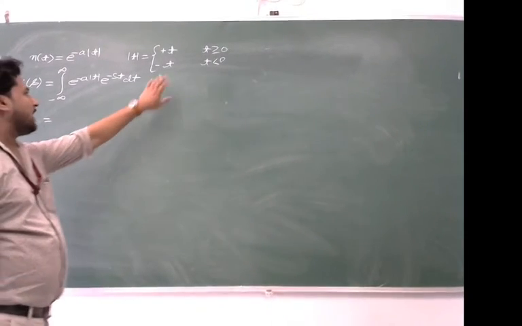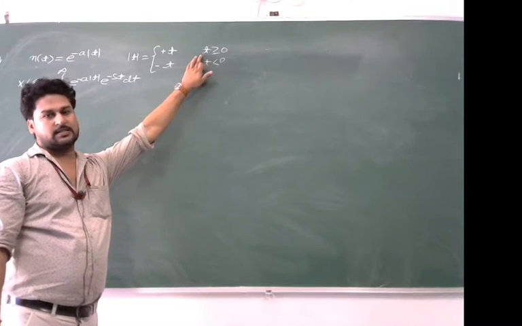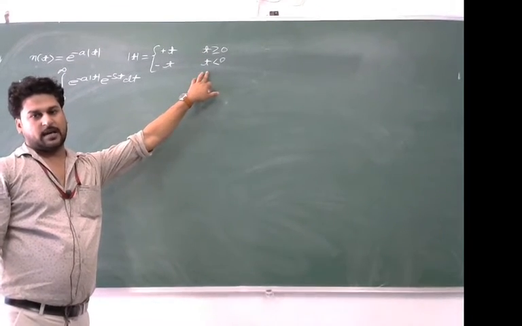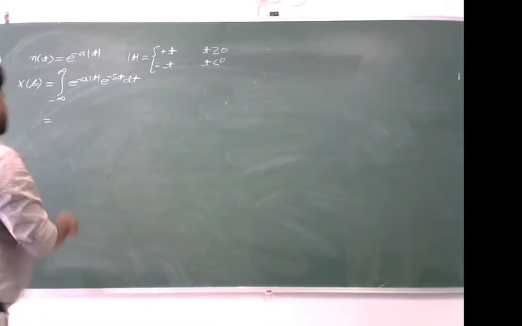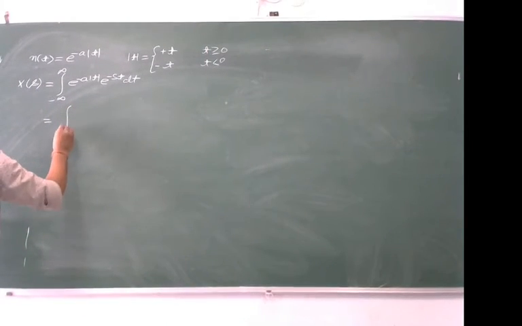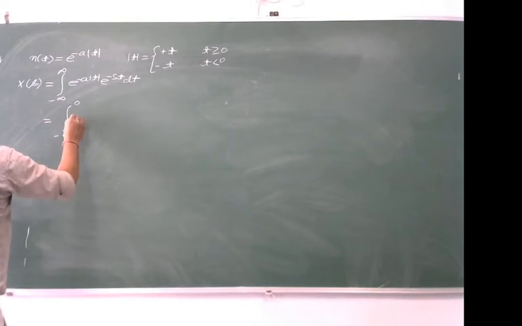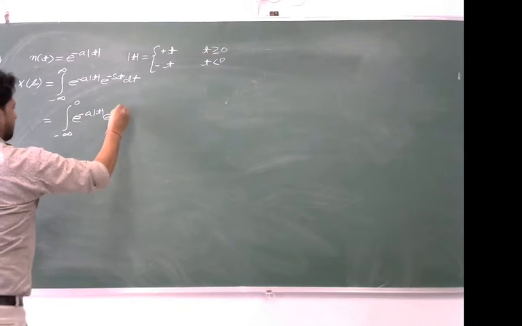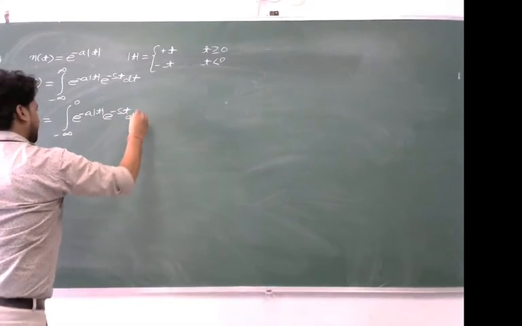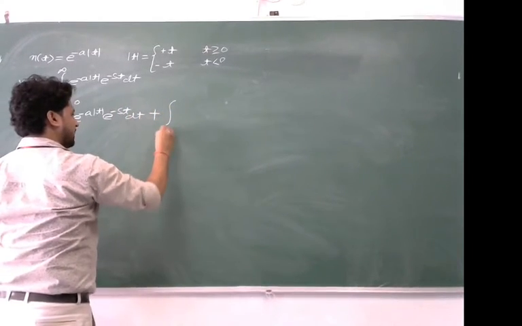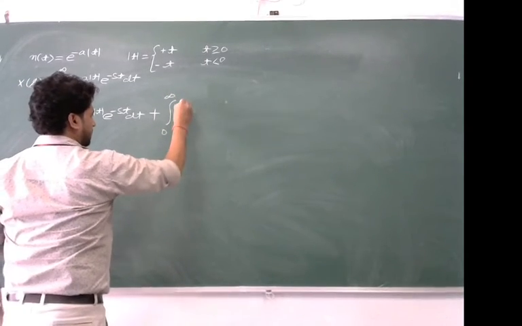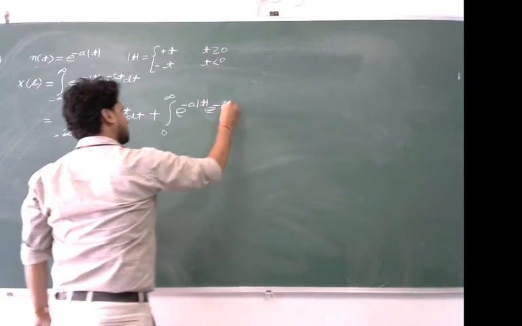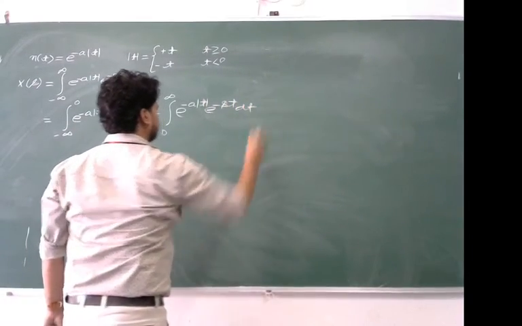I will divide the limit in two regions: one is from 0 to infinity, another is from minus infinity to 0. So I will write it as the integral from minus infinity to 0 of e power minus a mod of t into e power minus st dt, plus the integral from 0 to infinity of e power minus a mod of t e power minus st dt.